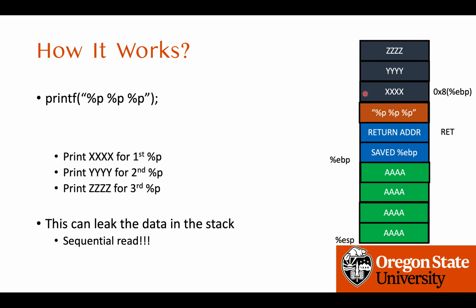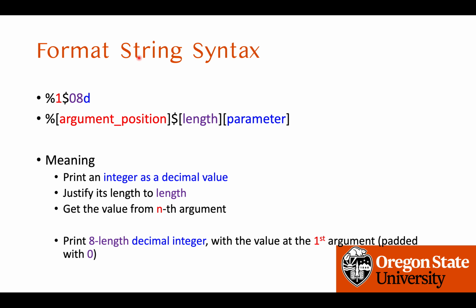So we can do that kind of control. If we put 1, then it will fetch the first additional argument. If we put 2 in here, then it will fetch the second additional argument. So we can supply any number to choose which argument to use.